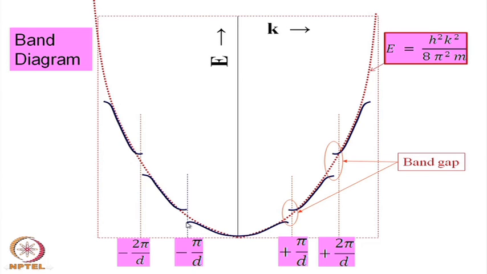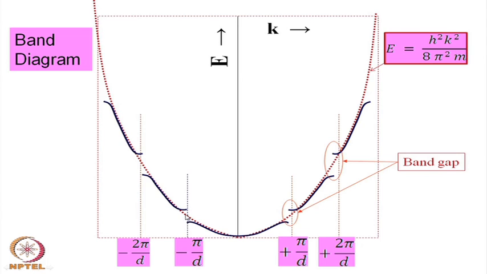That means the density of states, the concept we introduced earlier, does change at those discontinuities or critical values of k, and as a result the E-k curve bends a little downwards here, and here it bends upwards.